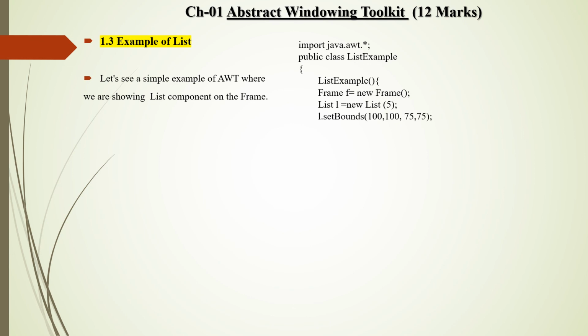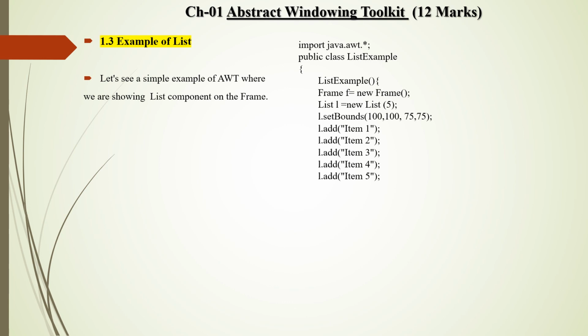Then we set the position of the list by the setBounds method. Then we add the items in the list by the code l, that is the object of List, dot add method, and in the brackets we pass the name of the item, that is item 1. Similarly we add the second item, the third item, the fourth item, and the fifth item.